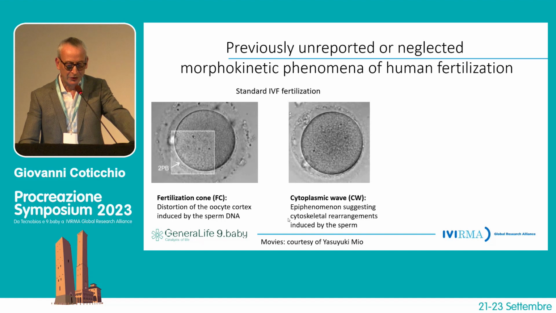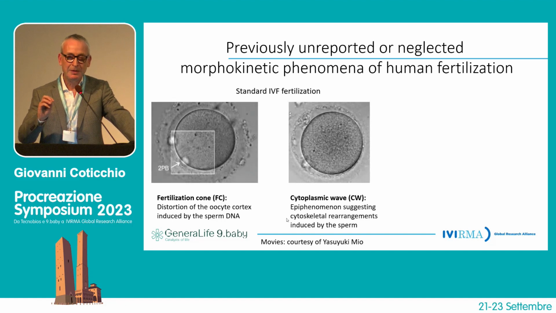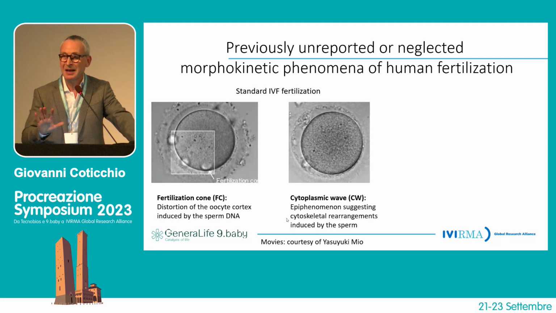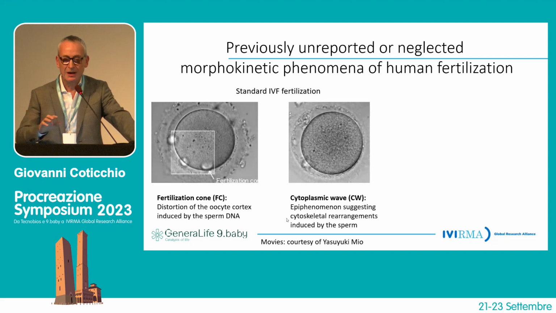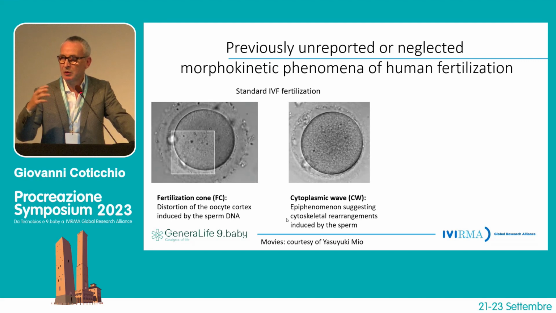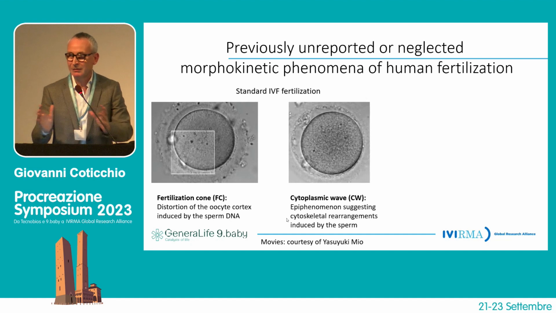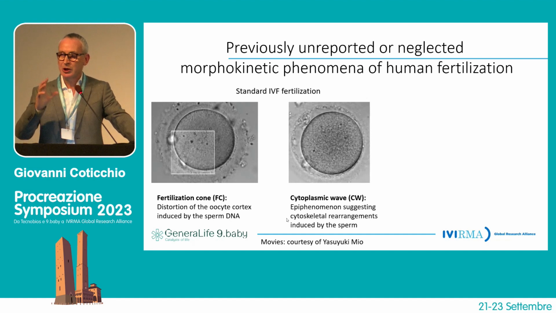The fertilization cone is something that appears immediately after the emission of the second polar body, and in standard IVF, not necessarily ICSI, represents a sort of bump of the cortex of the oocyte. Presumably, and this is an interpretation, it is induced by the male chromatin. It is a molecular interaction in which the DNA generates a distortion of the cytoskeleton of the cortex of the oocyte.